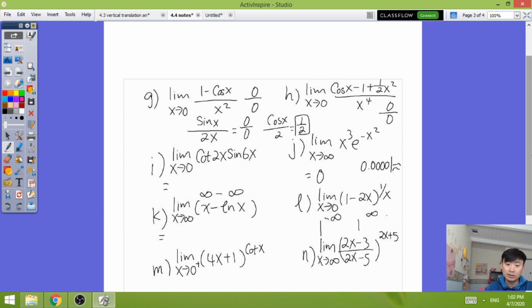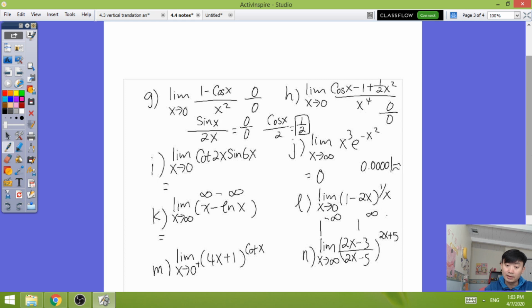So the limit as x goes to infinity of x minus natural log of x, that's K. For L, we have the limit as x goes to 0 of the quantity 1 minus 2x to the power of 1 over x. For M, that one is a one-sided limit: x goes to 0 from the right-hand side of the quantity 4x plus 1 to the power of cotangent of x.